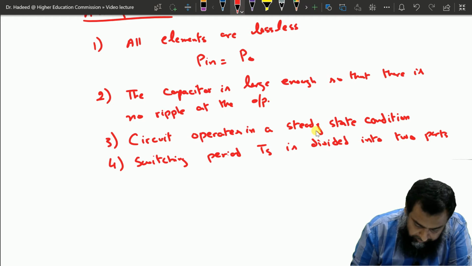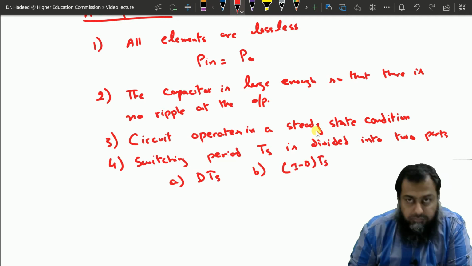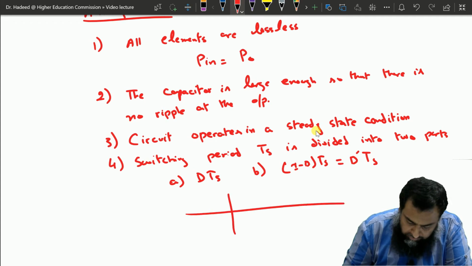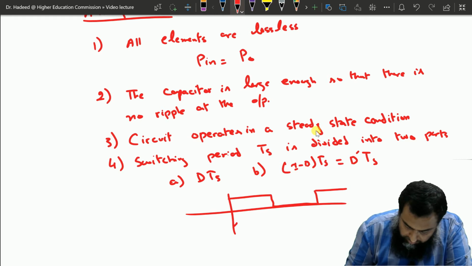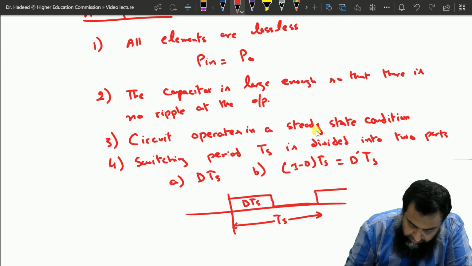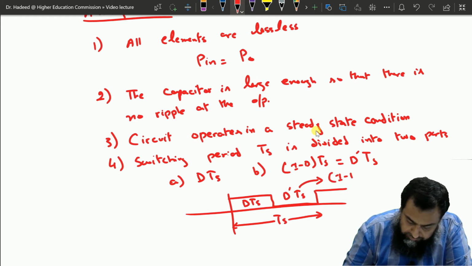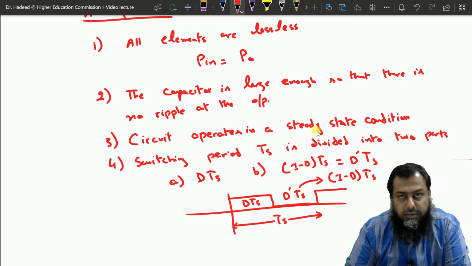The one is DTs, and the other one is 1 minus D times Ts, which is also equal to D dash Ts. So if the converter is switching at this particular frequency, then this is the Ts, this region is DTs, and I will say that this is D prime Ts, and this D prime Ts can also be attributed as 1 minus D times Ts.